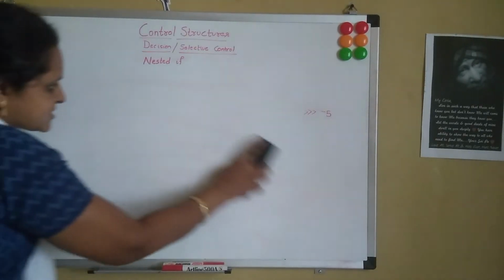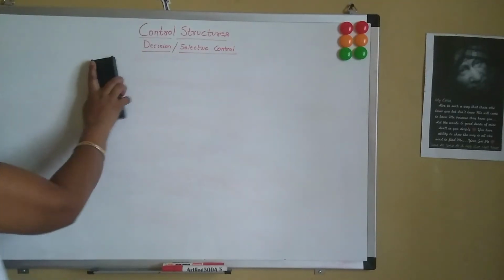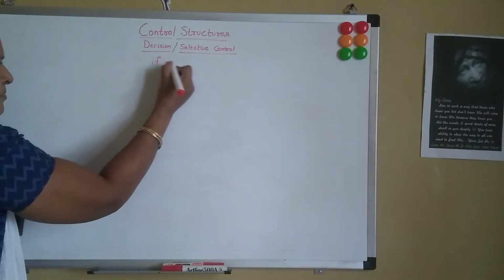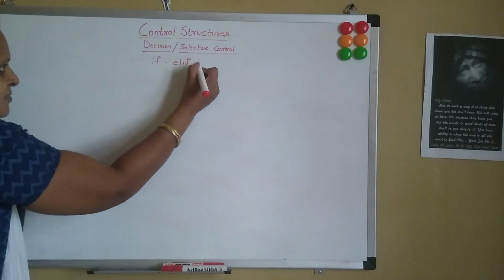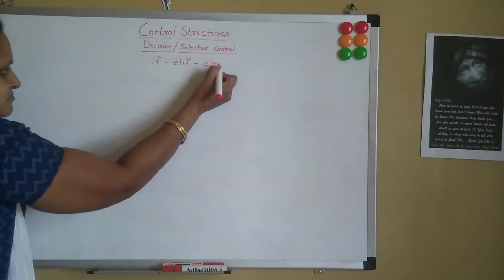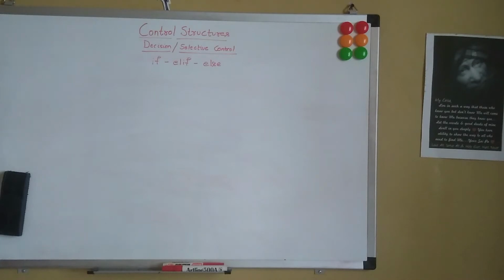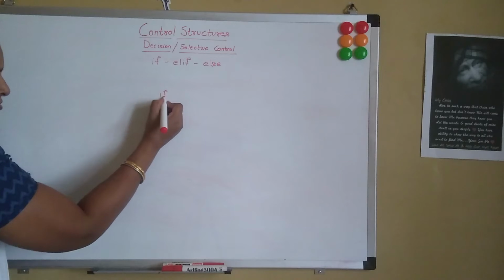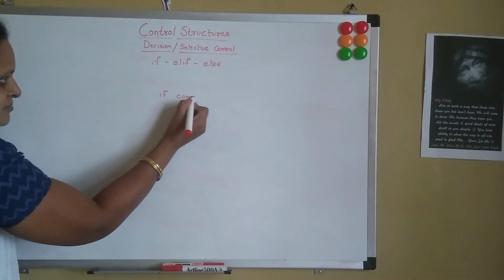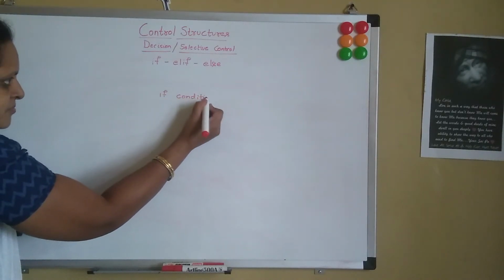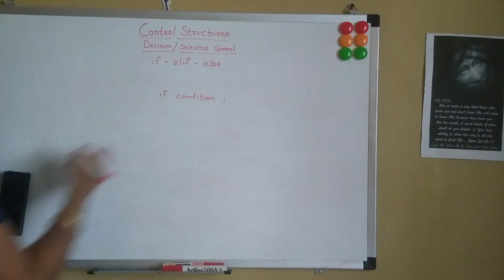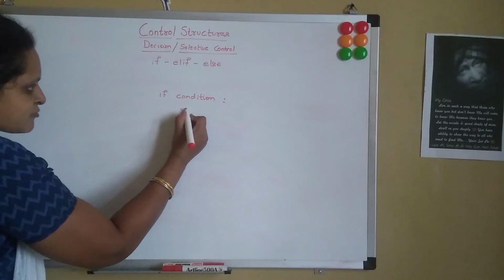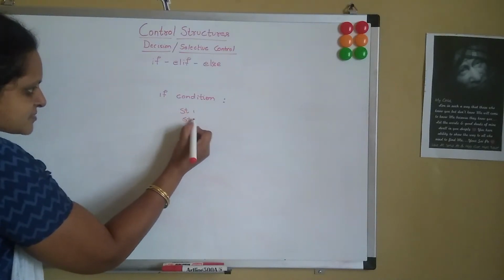Now let's move on to the fourth type, that is the if, elif, else condition. So here the syntax is: if condition colon. If the condition gets satisfied, it performs a set of statements.